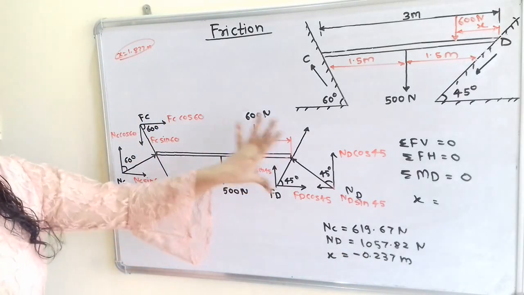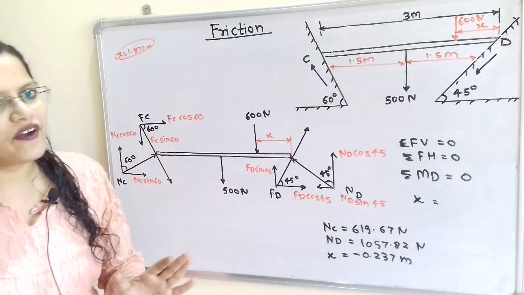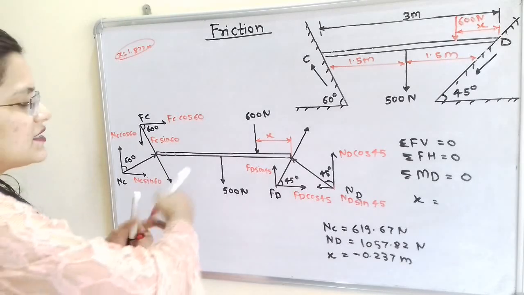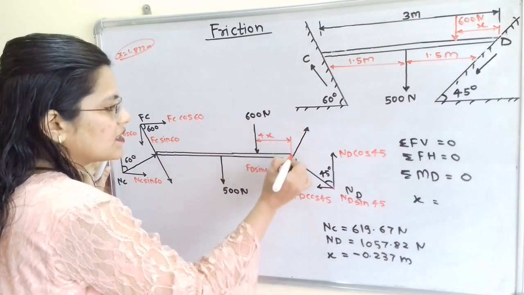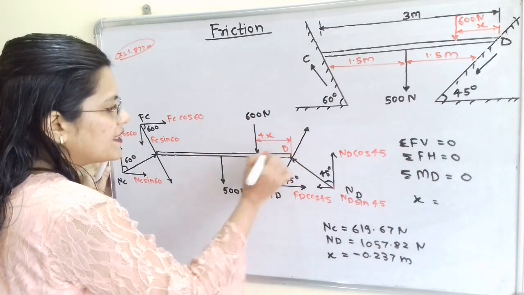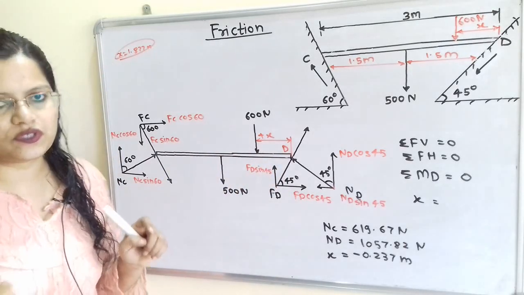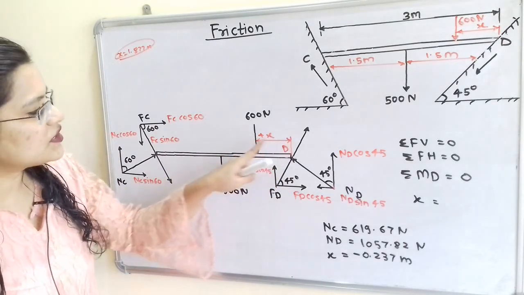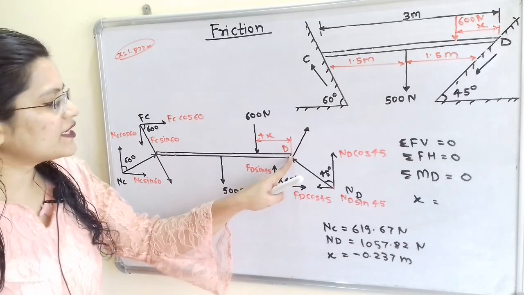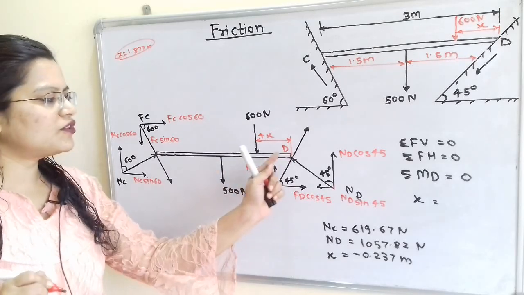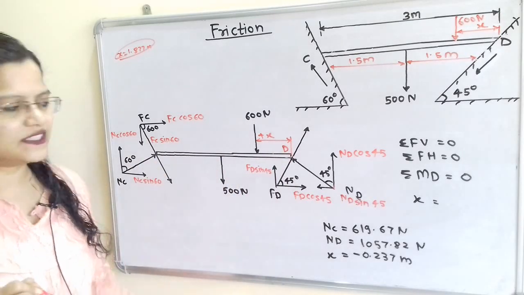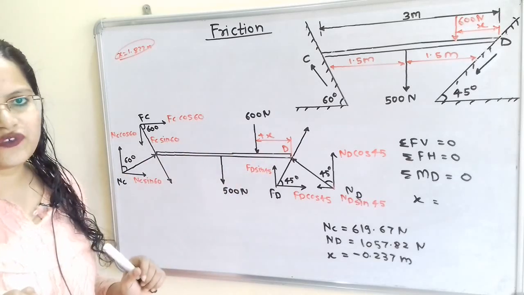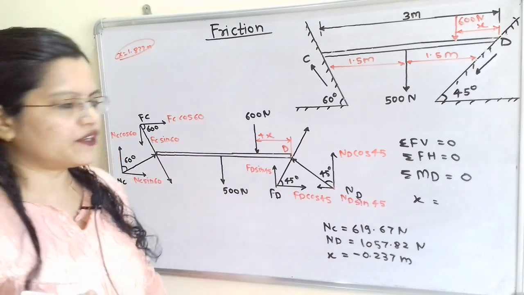Now this is important. For this question, we have assumed the value of X as positive, from this point D up to the 600 Newton load. So this is the positive value. Now from point D we have placed the 600 Newton load towards the left hand side, and then we would get a positive value, but here we get the negative value.